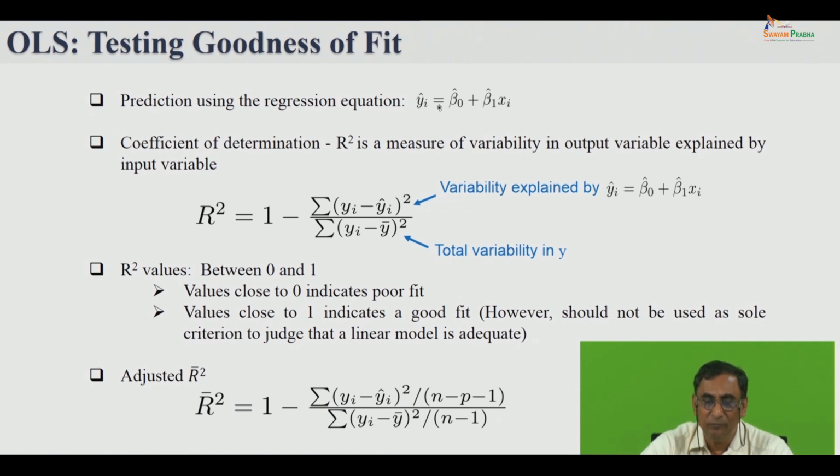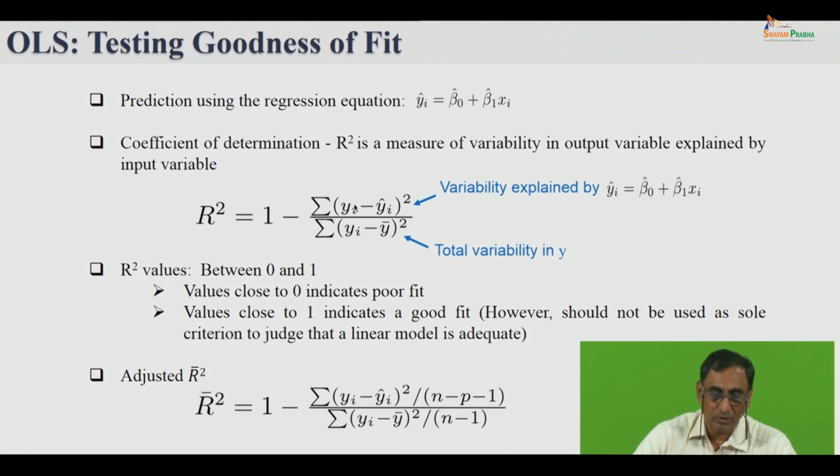If xi had an influence on y, then I should be able to reduce its variability, I should be able to do a better prediction, and the difference between yi and yi hat should be lower if xi had a strong influence in determining y. Okay, so the numerator represents the variability which is explained by the explanatory variable xi or the independent variable xi.